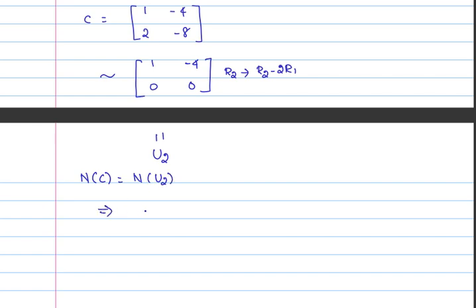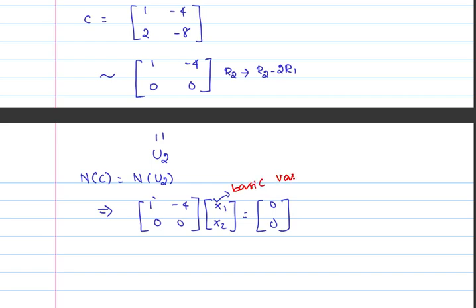This implies [1, -4; 0, 0] times x1, x2 equal to 0, 0. Clearly here also x1 is the basic variable and x2 is the free variable.